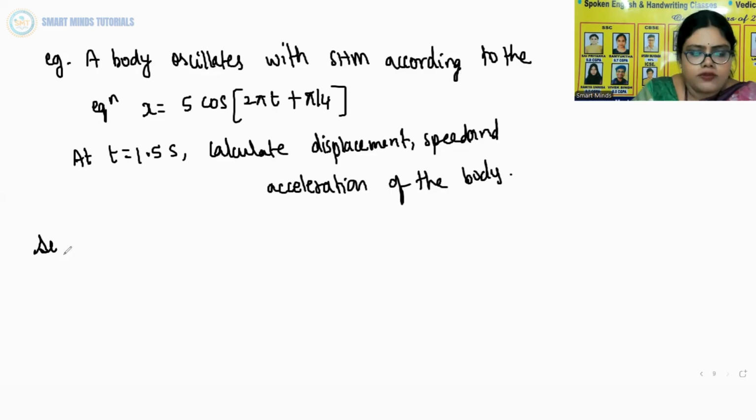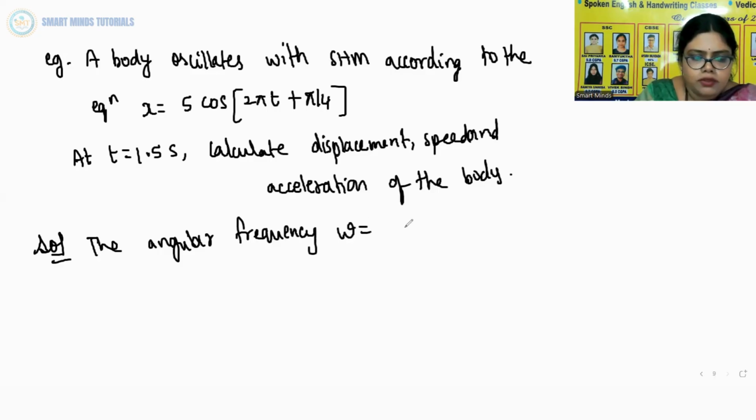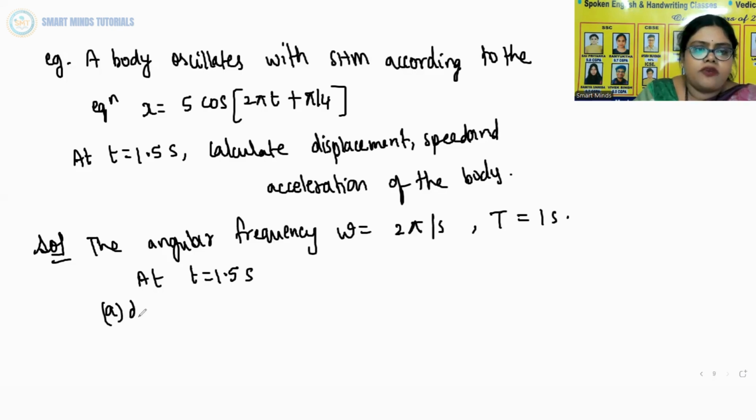So let's see how we solve it. What is the angular frequency? Angular frequency omega is equal to 2 pi per second, and its time period is 1 second. So at t equal to 1.5 second, let us first find the displacement.